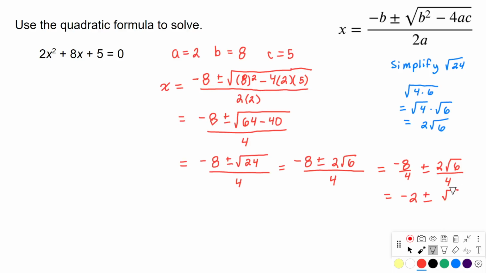So we can write this as the square root of 6 over 2, because the 2 goes into 4 2 times. So everything I've written here is an example of an exact answer. The most simplified form is where I ended up, at -2 plus or minus square root of 6 over 2.